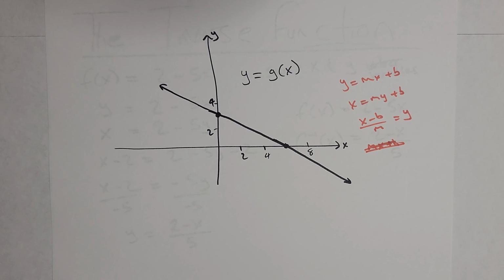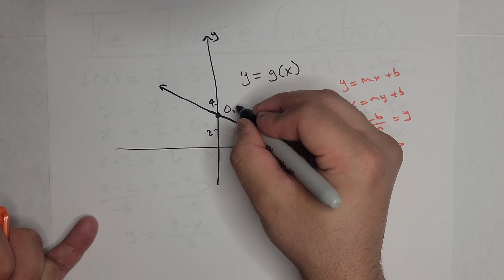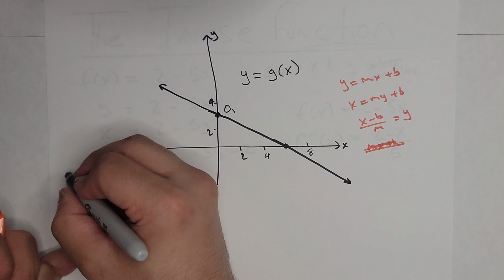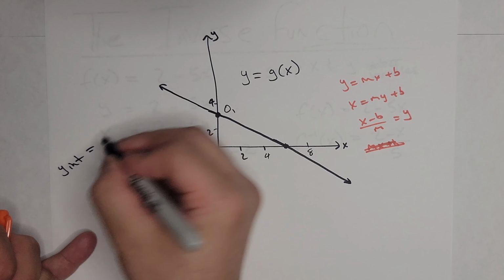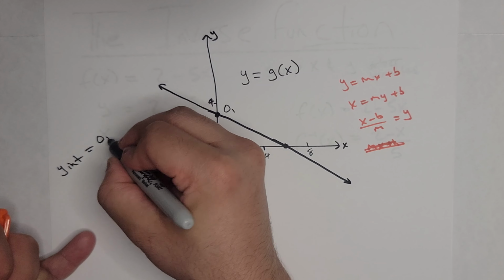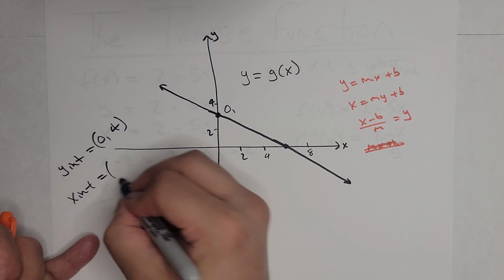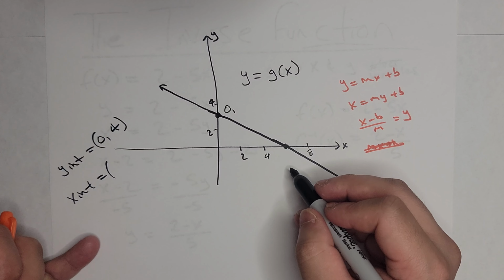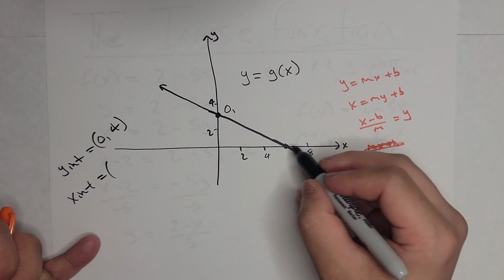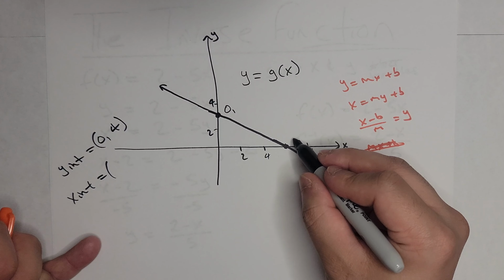For our g of x function, our y-intercept is equal to 0, comma 4, and our x-intercept is, I want to say, that should be 5.